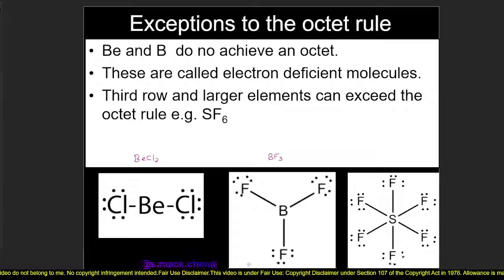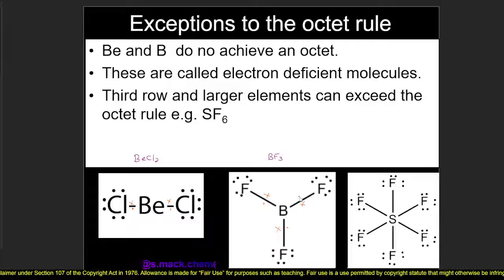If we look at the outer shell of beryllium, we will not see an octet of electrons. I'm going to draw in the bonding pairs so we can see what it looks like. So beryllium only has 4 electrons in its outer shell, and in boron trifluoride, boron only has 6 electrons.